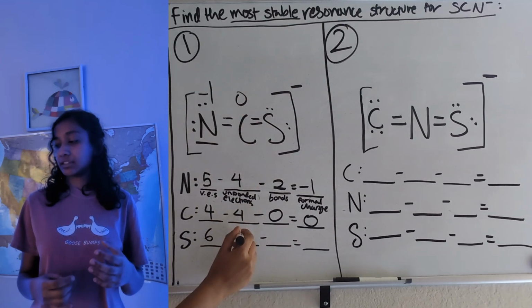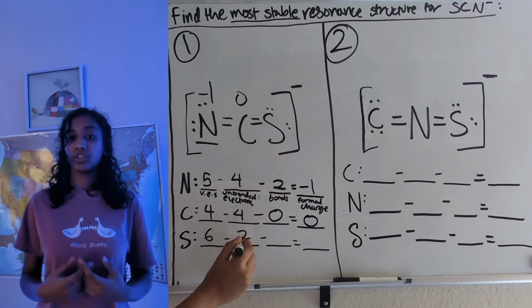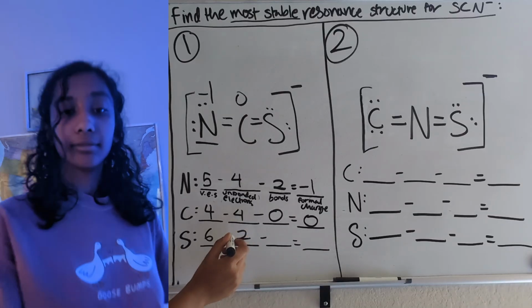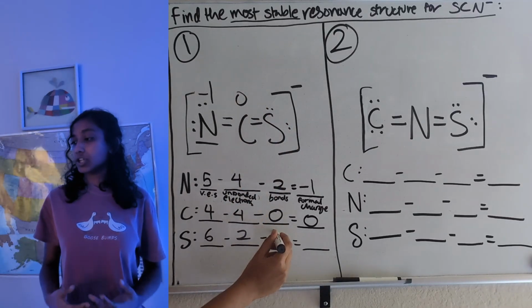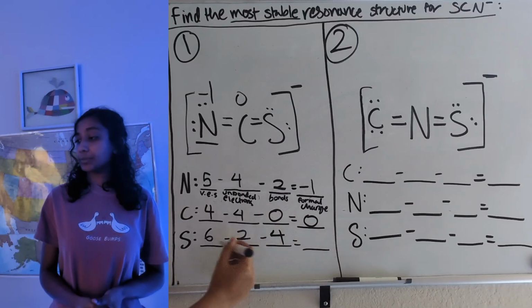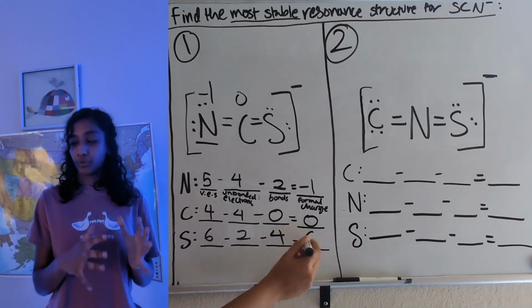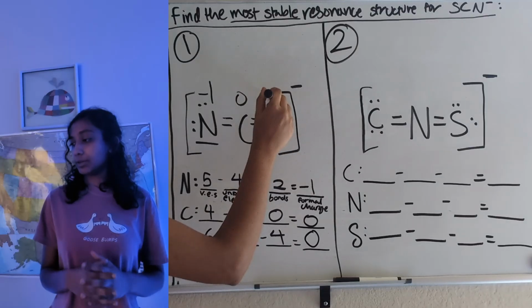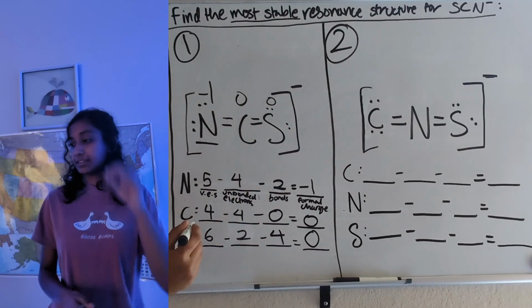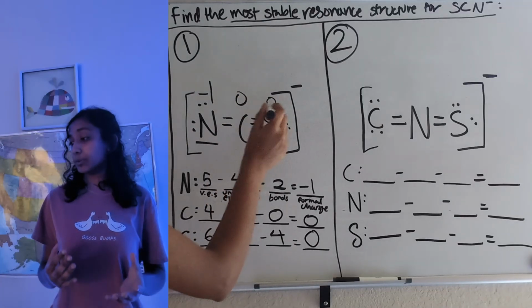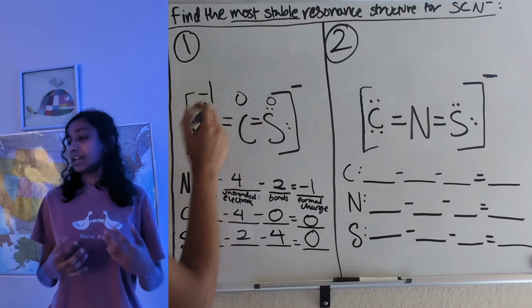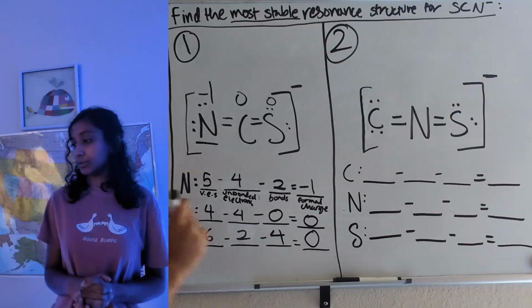There are 2 bonds connected to sulfur, so we subtract 2 from 6. There are 4 unbonded electrons on sulfur, so we subtract 4 from this. 6 minus 4 minus 2 equals 0, so sulfur's formal charge is 0. This structure is looking pretty good so far. 2 of the formal charges are 0, and -1 is pretty darn close to 0.